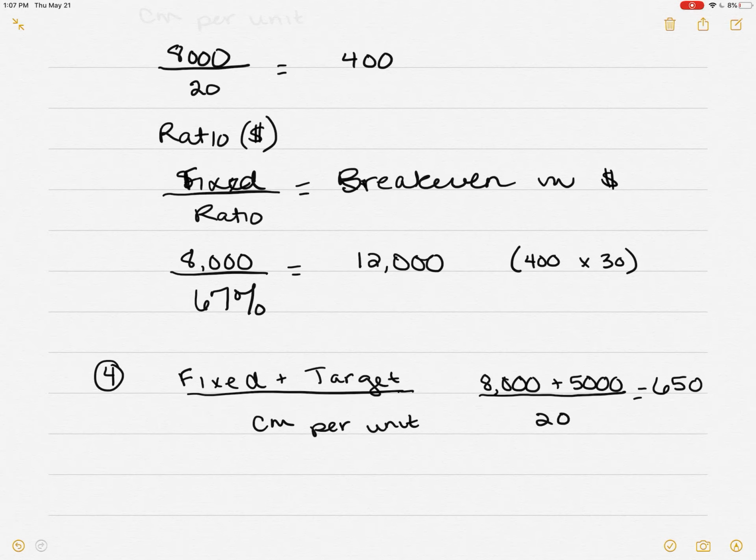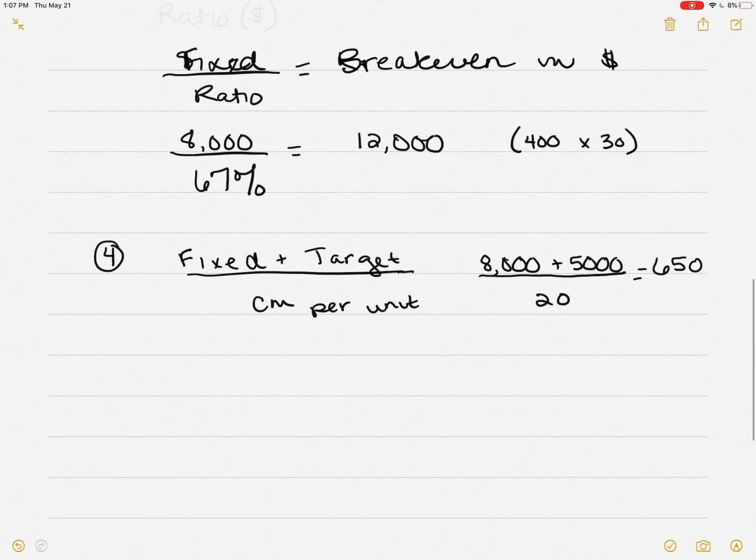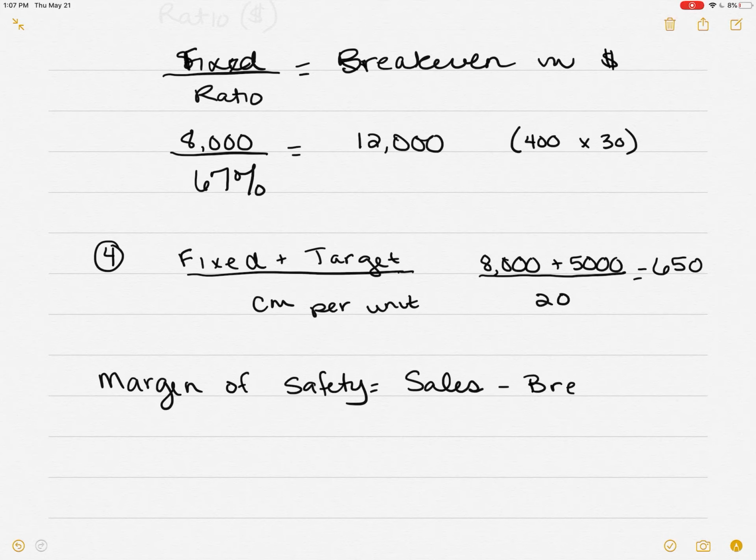Now, let's take a look at margin of safety. Margin of safety is how much cushion you have to break even. So to find that margin of safety, it is your sales minus your break-even point.